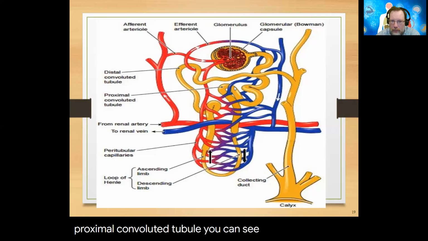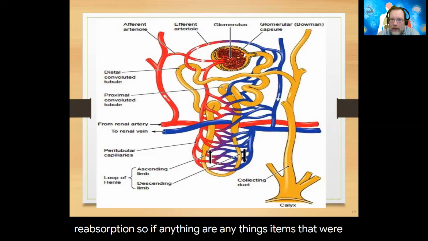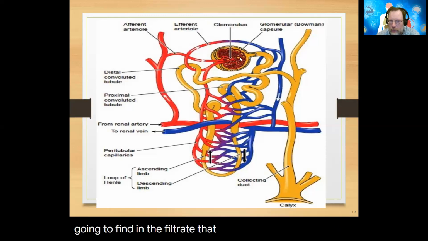You can see how that proximal convoluted tubule has quite a bit of this capillary around it. And especially because it's more on the venous end, this is where we would see some reabsorption. Items that we're going to find in the filtrate that left the bloodstream in the glomerulus are going to get reabsorbed into the bloodstream, into this peritubular capillary network.